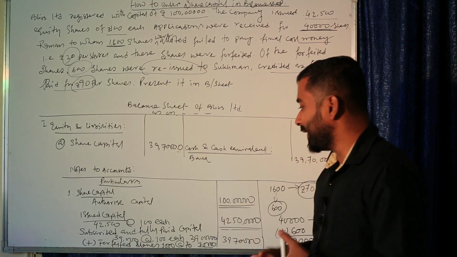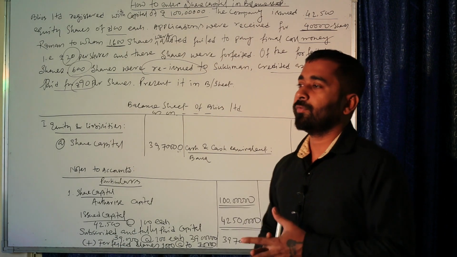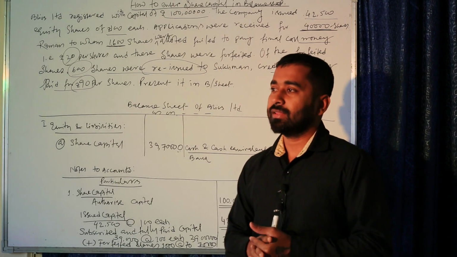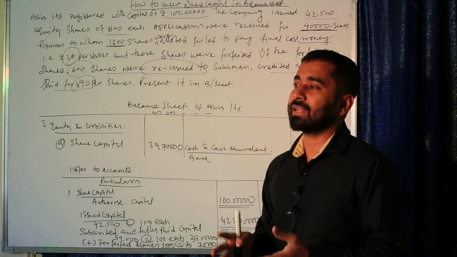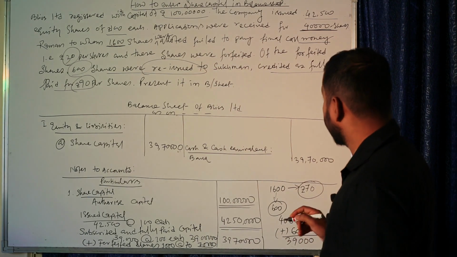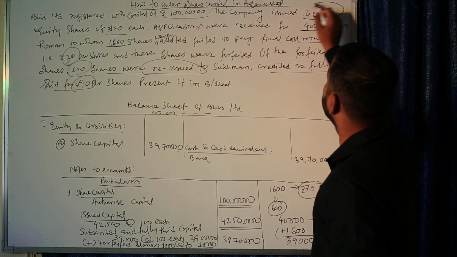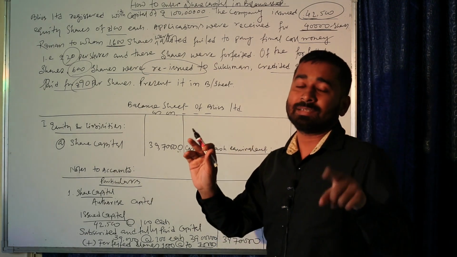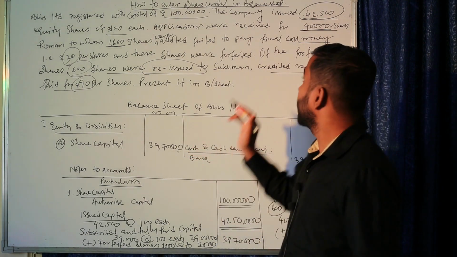Now let's see the subscribed and fully paid up capital. We are going to find out how many shares are actually fully subscribed and paid up. Total shares issued are 42,500, but they were not all subscribed by the public.